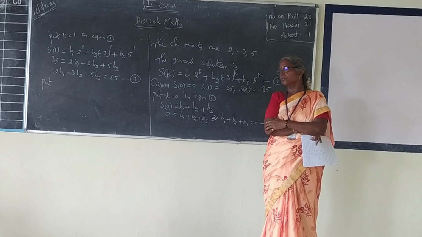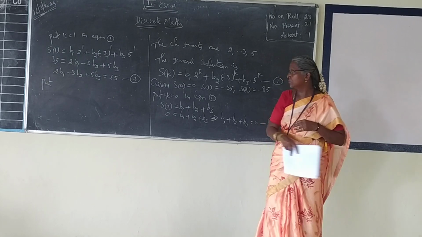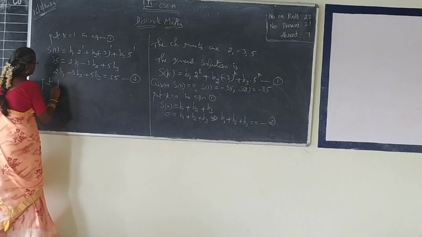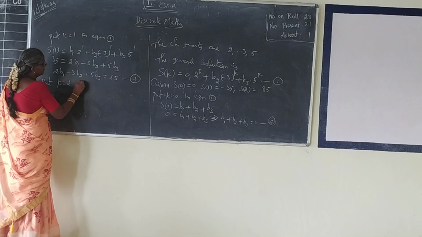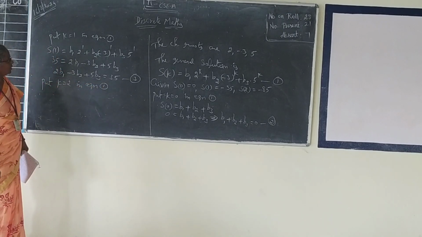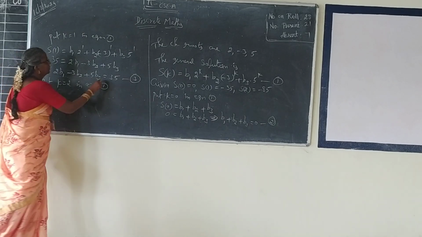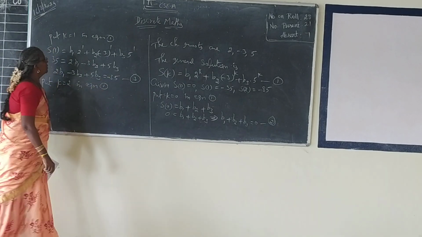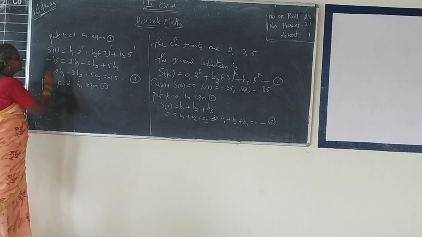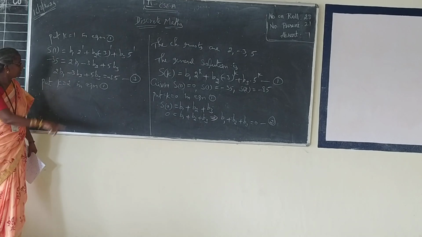What's the next step now? Put k equal to 2 in equation 1. What will you get? Minus 35, right? Please change it to minus 35. So that is equation 3.